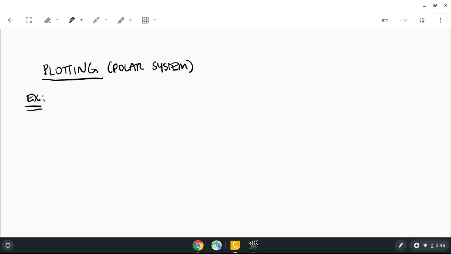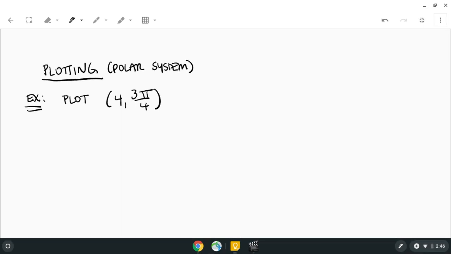All right, so let's take a look at plotting in the polar system. Okay, so for example, if you had to plot 4 comma 3 pi over 4, why don't you go ahead and try that?